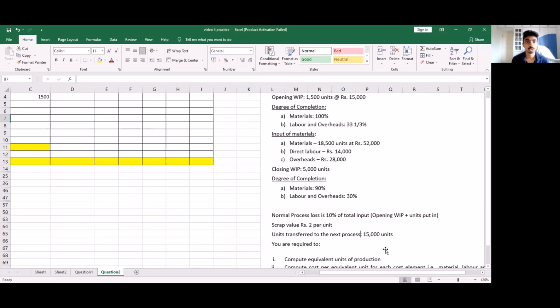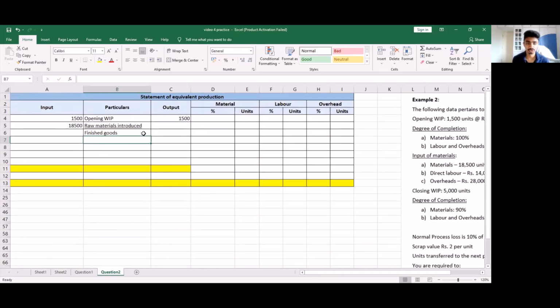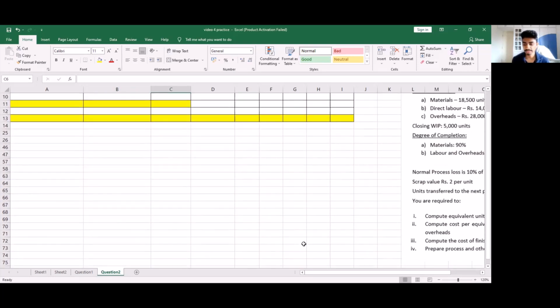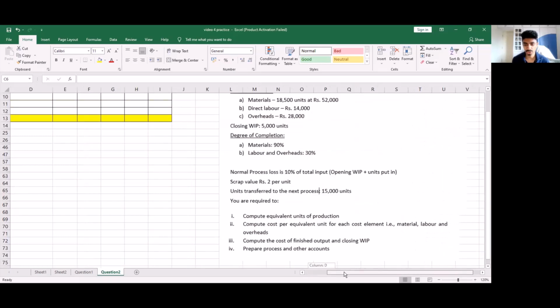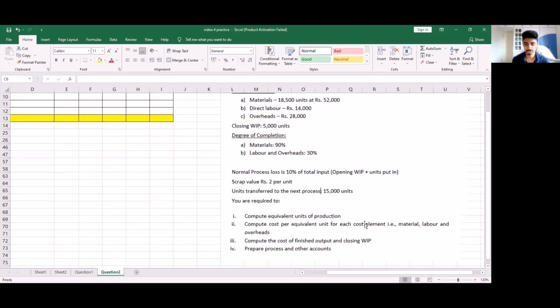But something to note over here is that these 15,000 units, which are transferred to the next process, are inclusive of the output or finished goods that we get from our opening work in progress. So the value that we will write here is 15,000, which is given in the question. It says units transferred to next process 15,000.